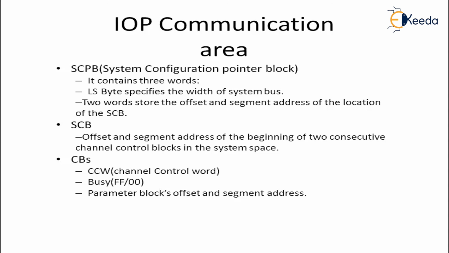SCB, offset and segment address of the beginning of two consecutive channel control blocks in the system space. CBs, channel control word, busy, FF/00, parameter blocks, offset, and the segment address which are being interconnected with each other.